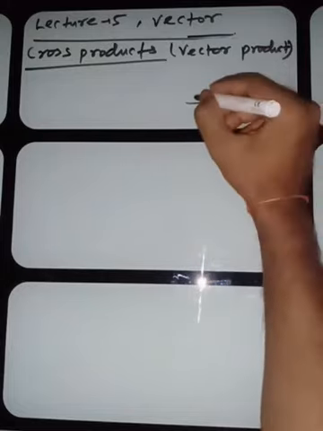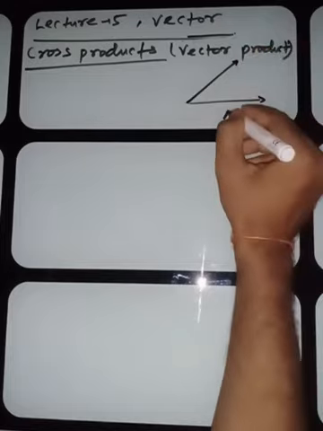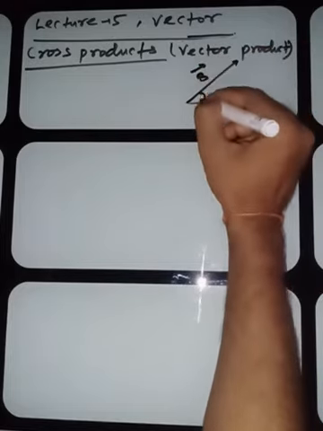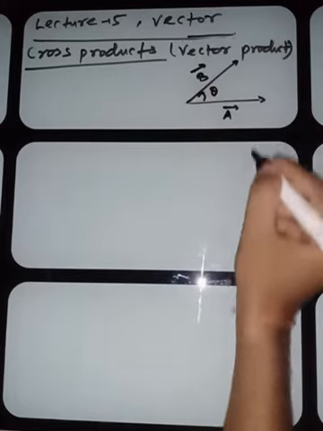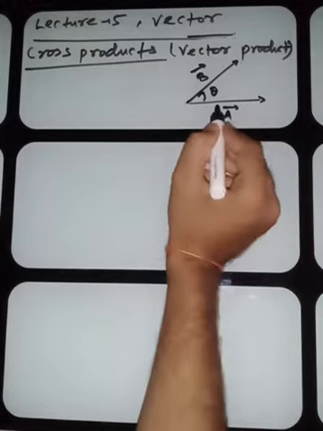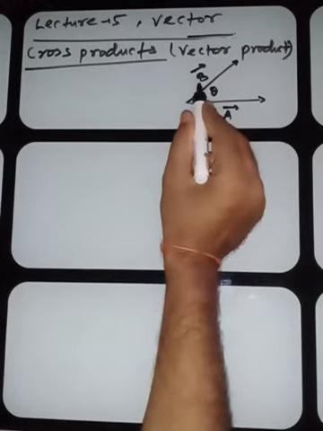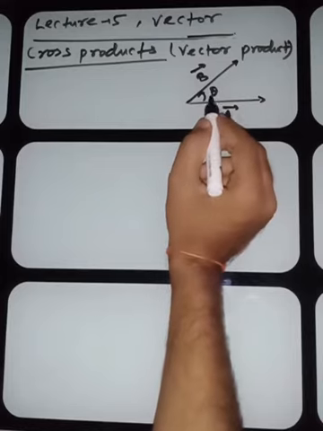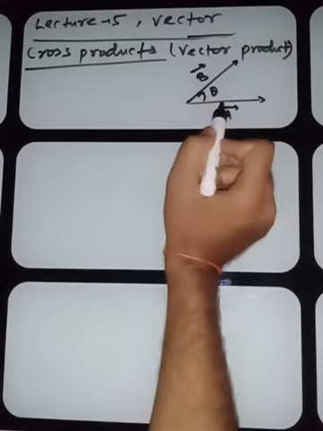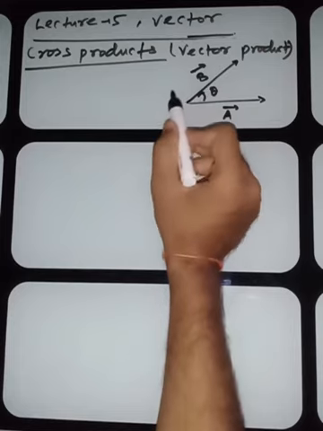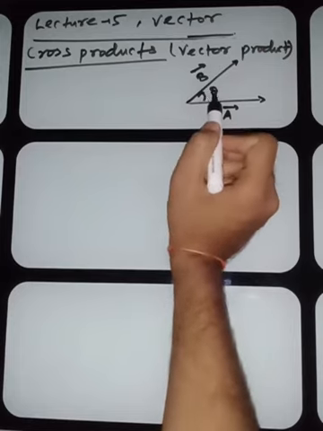Look at here, the vector A, vector B, and the angle theta between these two vectors. From vector A to B, the angle is theta. Again I'm recalling what we have studied in dot product, but from B to A, the angle will be minus theta, or 2 pi, that is 360 minus theta.